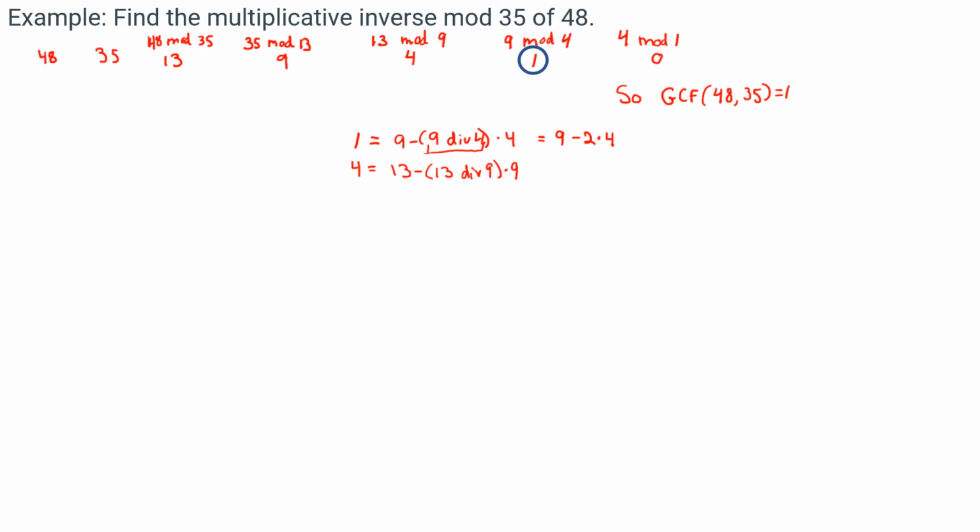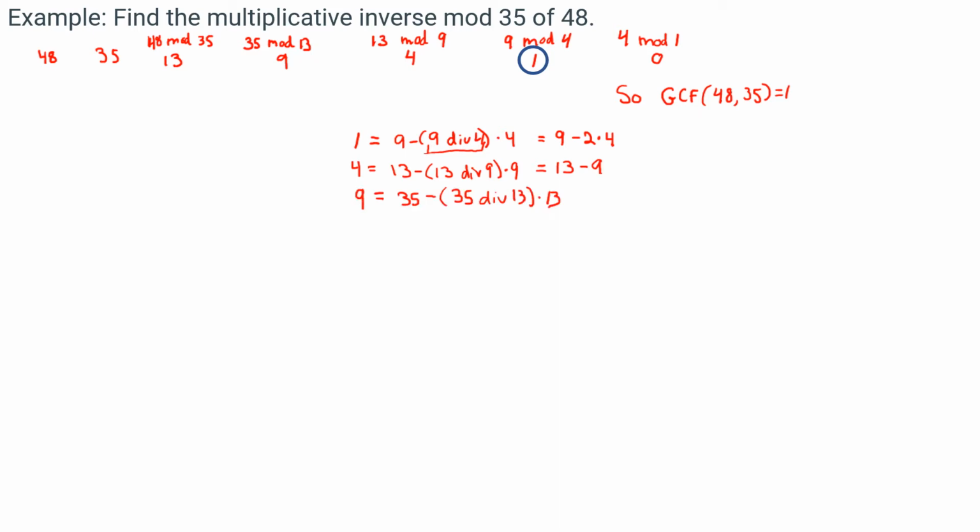Now we'll go on to the next number to the left, which is a 4. We're going to use the previous two numbers of the 4, which are 13 and 9. So it would be 13 minus 13 div 9 times 9. And evaluate the div: 13 div 9 is a 1, so we just have 13 minus 9.